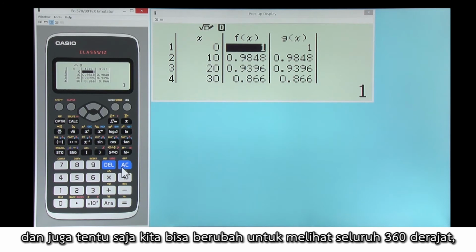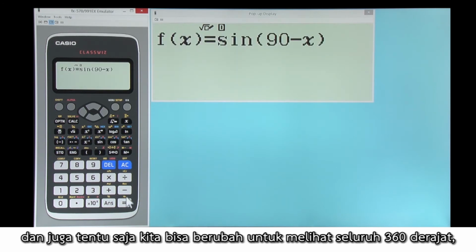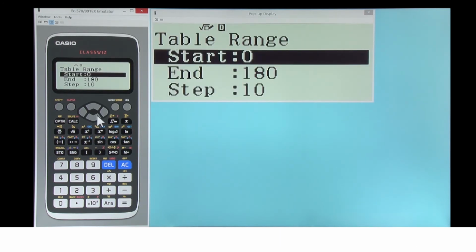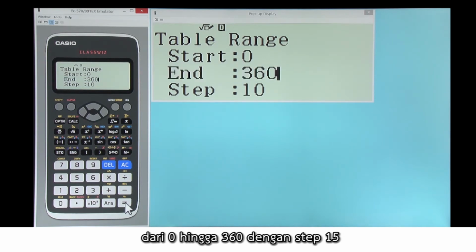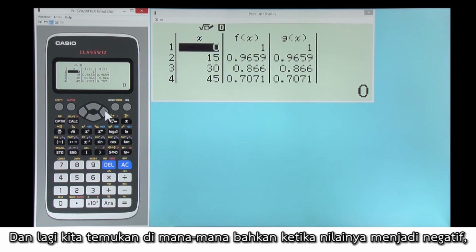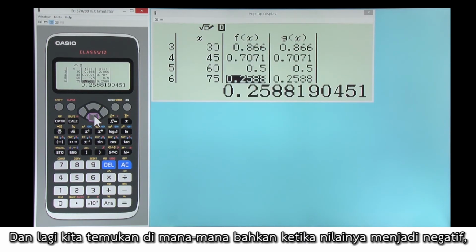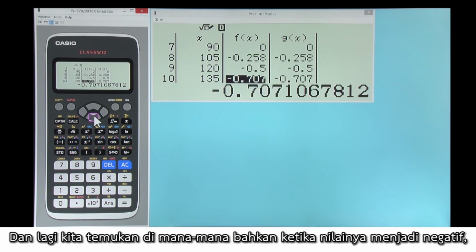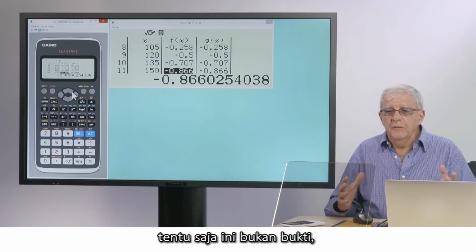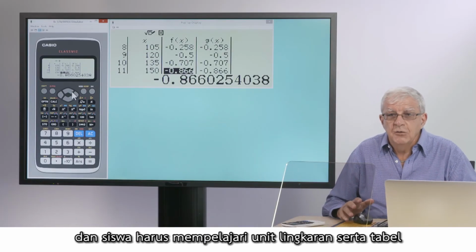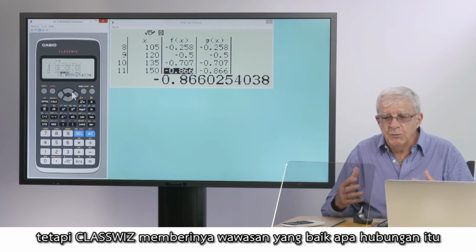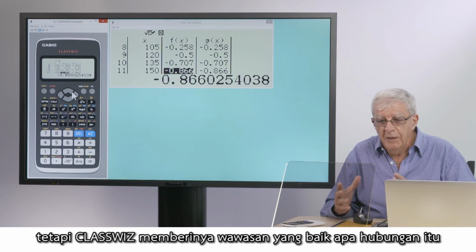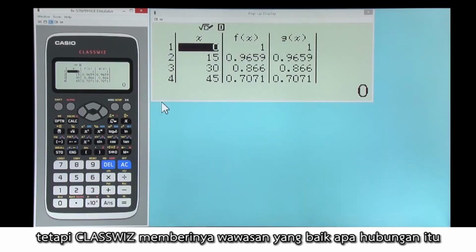And similarly, of course, we could look at the entire 360 degrees, 0 to 360 in steps of 15. And again, we find everywhere, even when the values become negative, they're still the same. Of course, this is not a proof, and students should study unit circles as well as tables, but the ClassWiz provides them with good insight into what the relationships are.